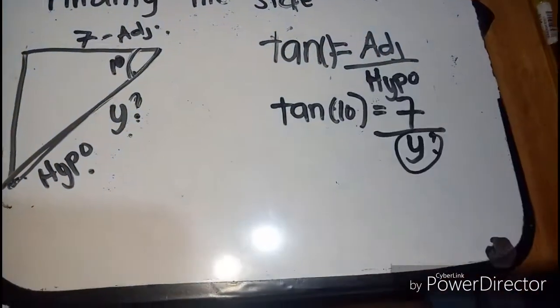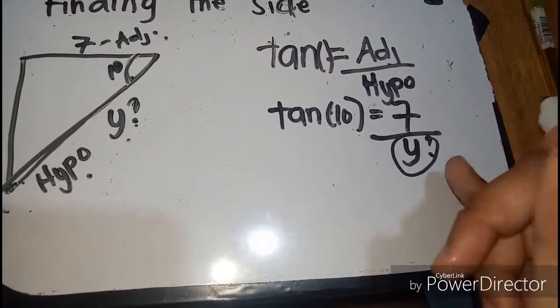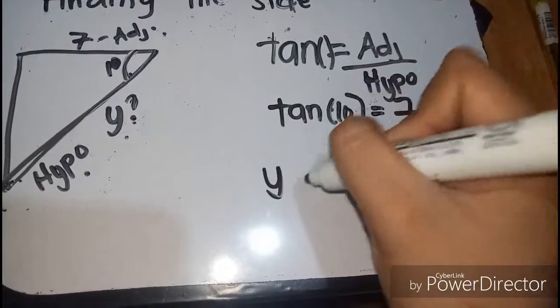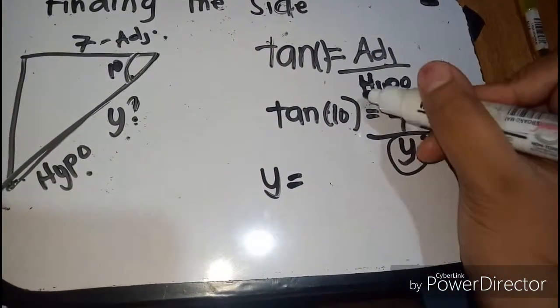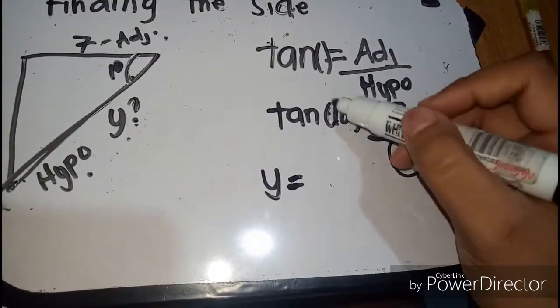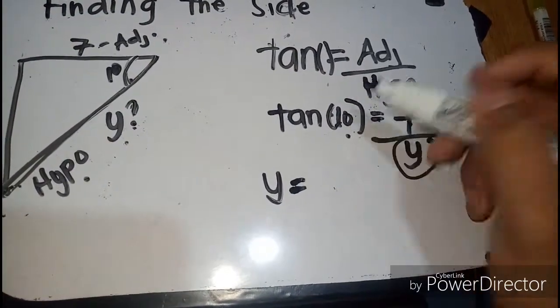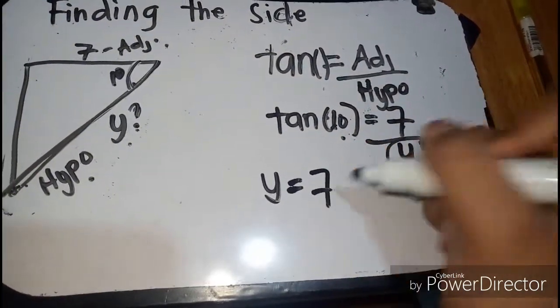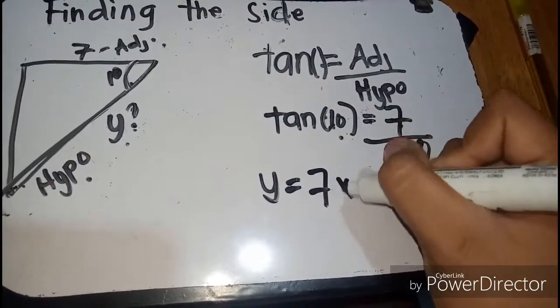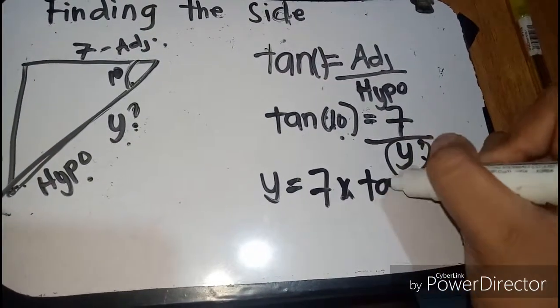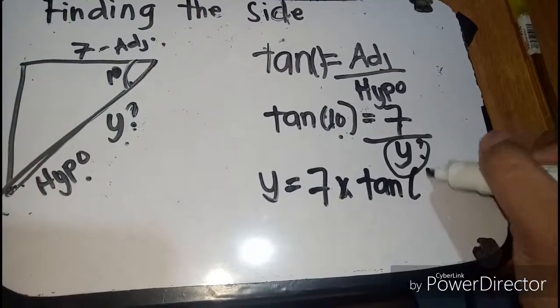Let's arrange it. So y equals, we're going to multiply the 7 by the tangent of the angle of 10. So 7 multiplied by tan of 10.